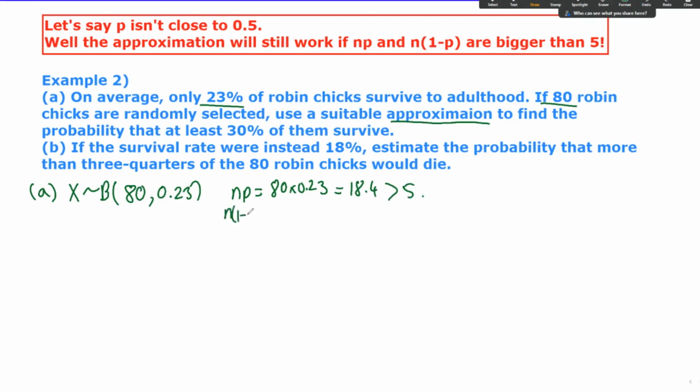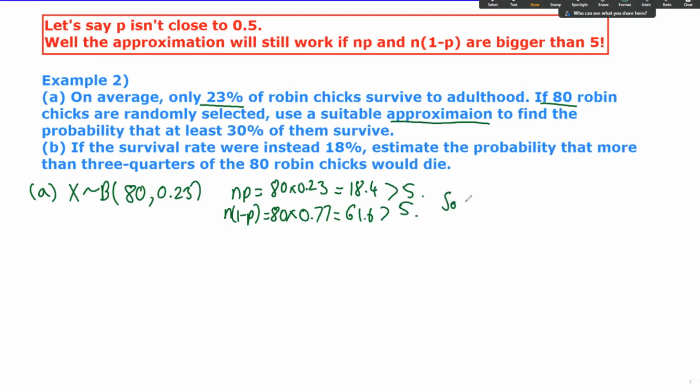And n times 1 minus p is 80 multiplied by 0.77, which gives us 61.6. That's definitely bigger than 5.